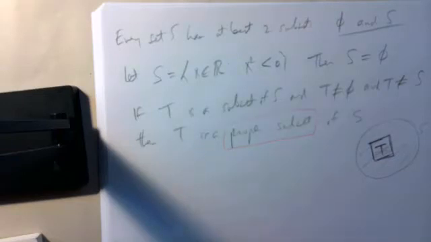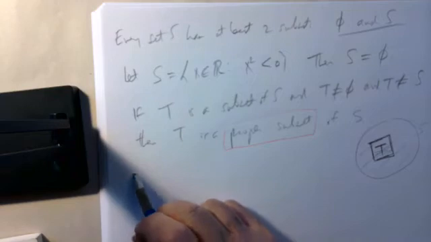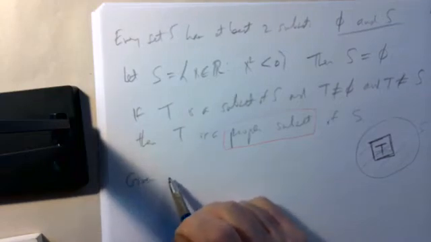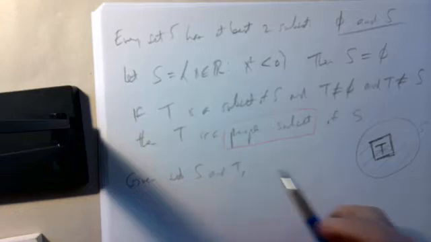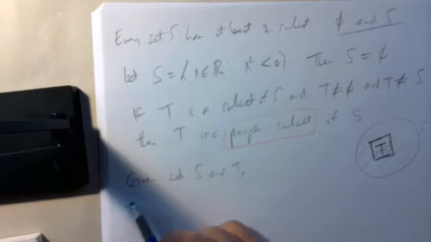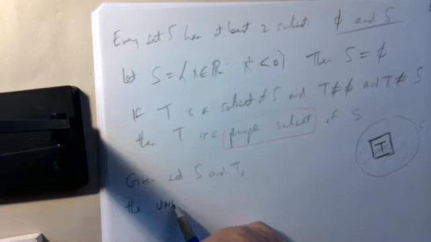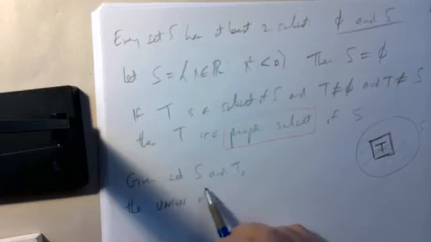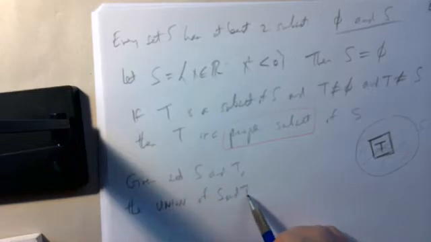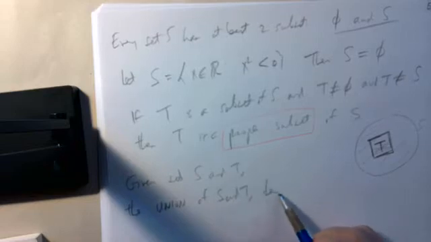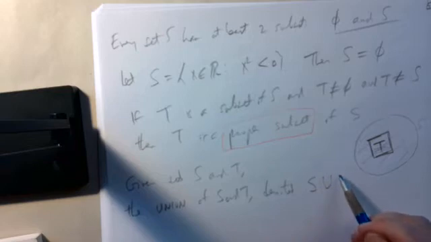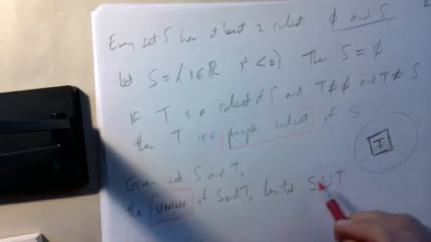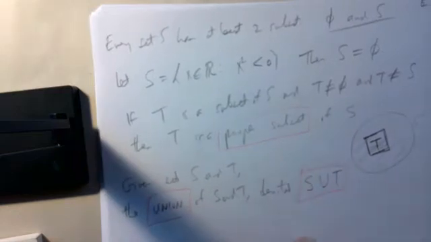All right, now suppose we have sets S and T. The union of S and T, which is denoted S with a symbol like this, T. So this is the next word we're defining, and this is the notation.